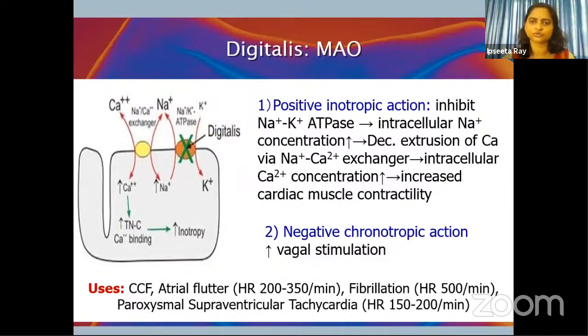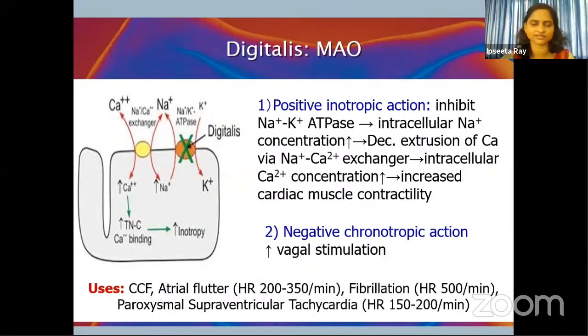Intracellular accumulation of sodium decreases the extrusion of calcium through the sodium-calcium exchanger. As a result, there is also intracellular accumulation of calcium. This increase in intracellular calcium will also cause release of calcium from the sarcoplasmic reticulum. So, increased calcium will increase the cardiac contractility.